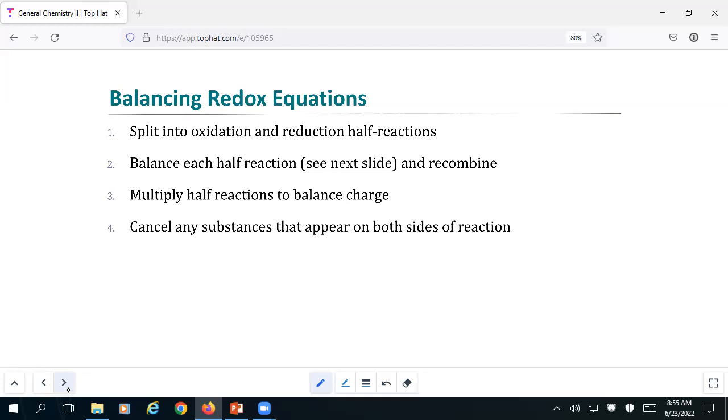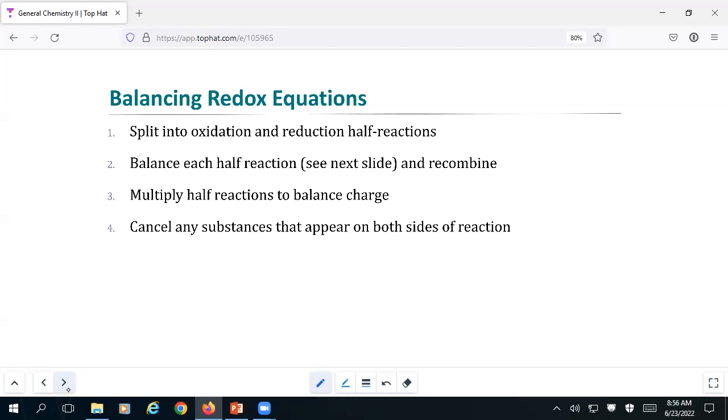But technically speaking, you don't have to do that step, because if you follow the directions on the next slide, what you're going to see is that one of the half reactions is going to gain electrons, have electrons as a reactant, and the other one is going to lose electrons, have electrons as a product. And so from that standpoint, you could identify the oxidation and the reduction based upon where the electrons are being added or removed.